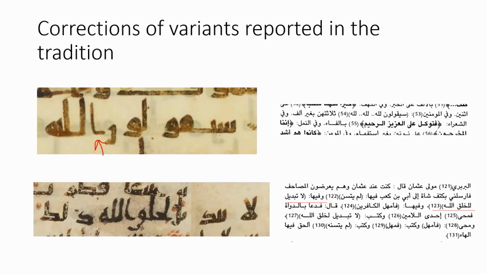So sayaquluna Allah. This is actually one of the variants that was present in the original codices of Uthman. Sayaquluna lillah without the alif in this verse. So it's the variant that corresponds to something that is known in the Muslim tradition.